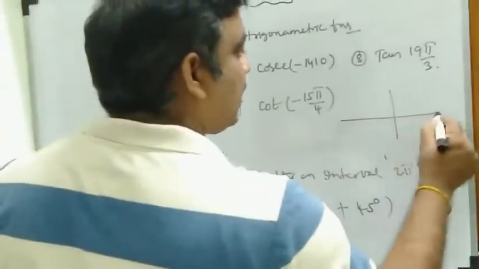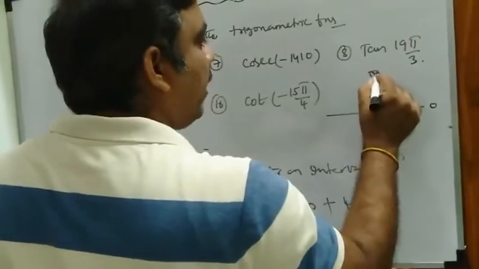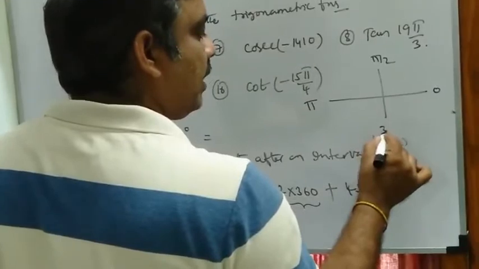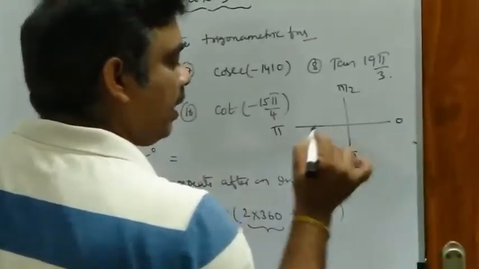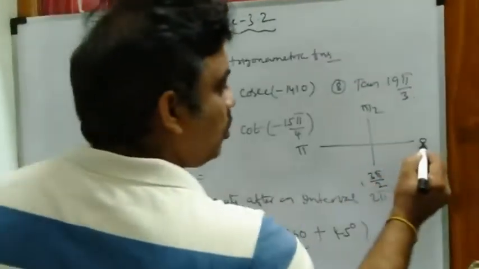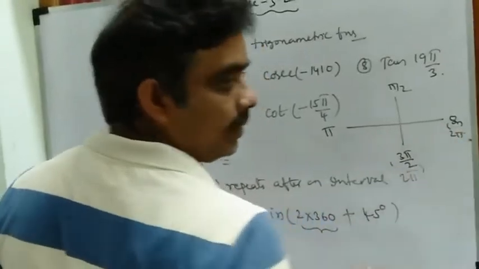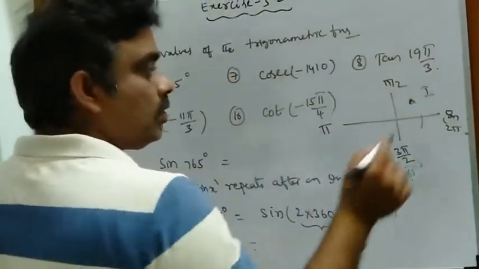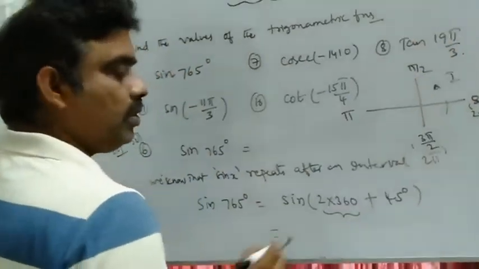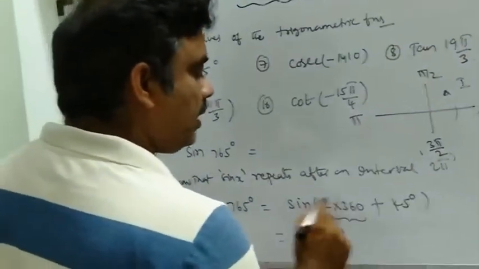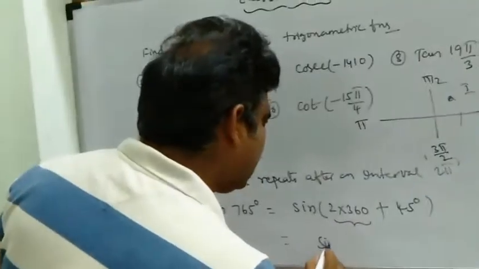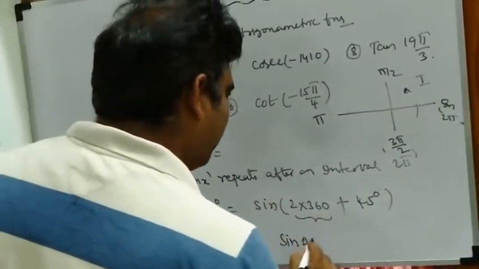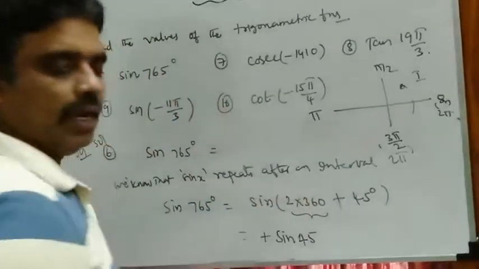Here 0, this is pi by 2, this is pi, this is 270 degrees, 3 pi by 2, and this is 2 pi, 360. So after 2 pi it reaches the first quadrant, where all are positive. So sin 2 pi means sin as it is, and 45 degrees with the positive sign.